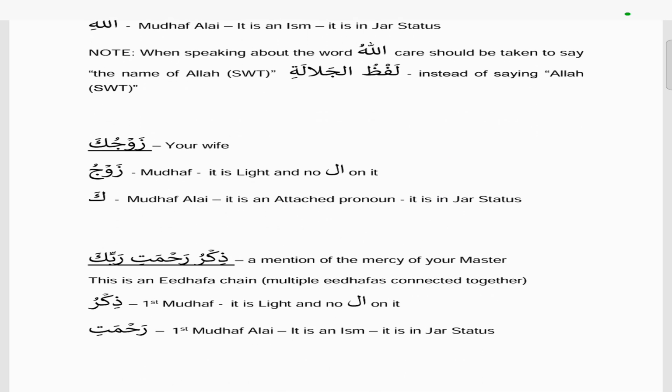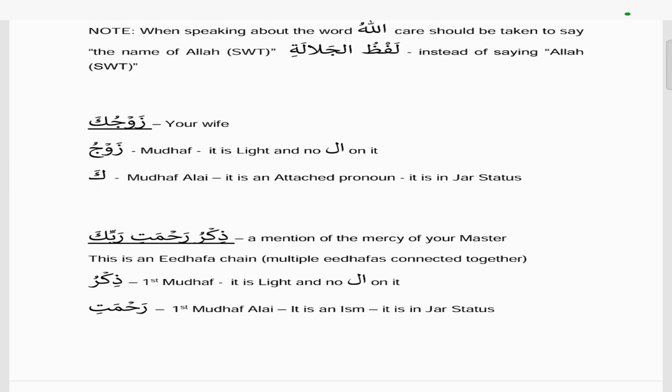So another example is zawjuka, which means your wife. So zawju is the mudaf. It is light. The heavy version would be zawjun. So it is light and there is no al on it, so it follows the two rules for a mudaf, and in this case the mudaf is rafa.